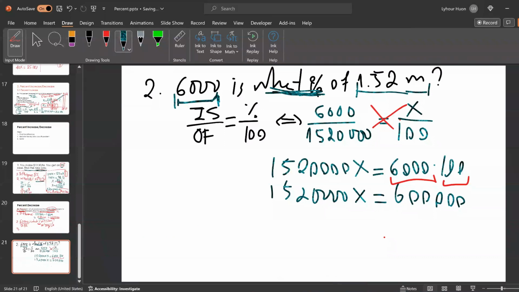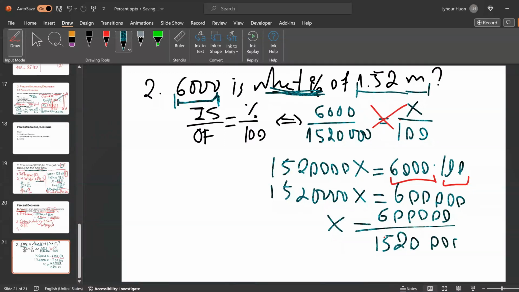Okay, now to solve for x, we divide 600,000 divided by 1,520,000.